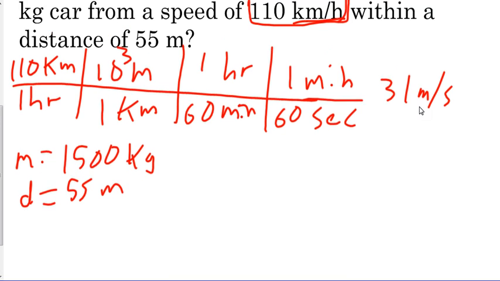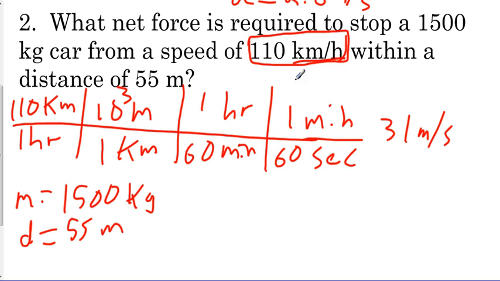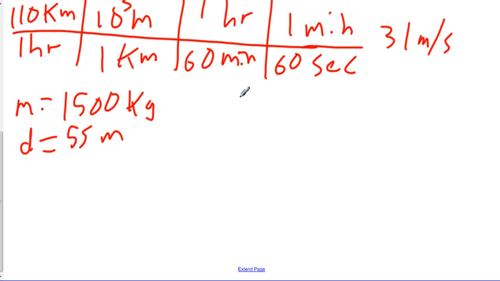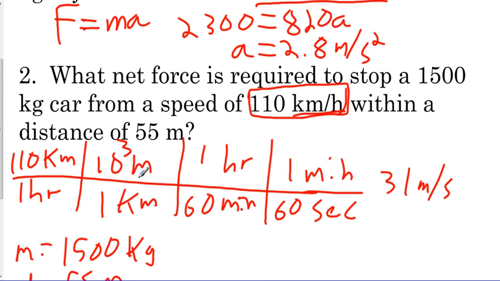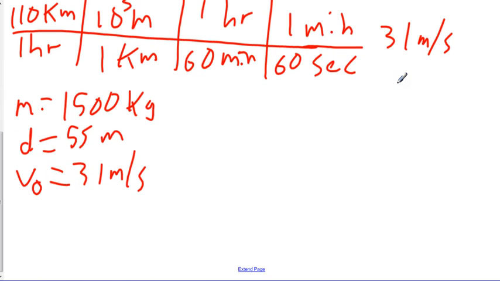And this velocity is the initial velocity. We are looking to see how much force is required to stop a car from a speed of 110 kilometers per hour, which for us is going to be 31 meters per second. So we know our initial velocity is 31 meters per second. And we also know our final velocity because the car comes to a stop. So our final velocity is going to be 0 meters per second.